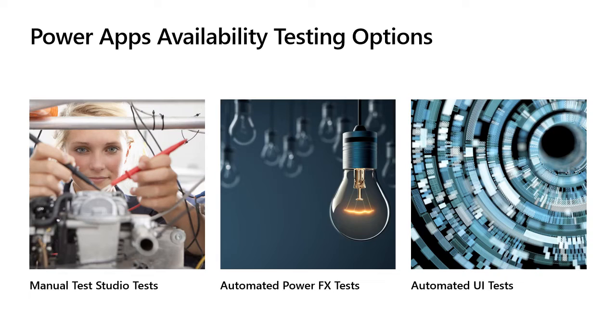So we have a few options that we can leverage from both the manual side to automated. Manual could include Power FX using Test Studio, something we'll talk about coming up called Power Apps Test Engine. Or we have the automated UI test using things such as Playwright and Selenium and so on. We can interact more with the DOM or the app magic side of the house, if you will.